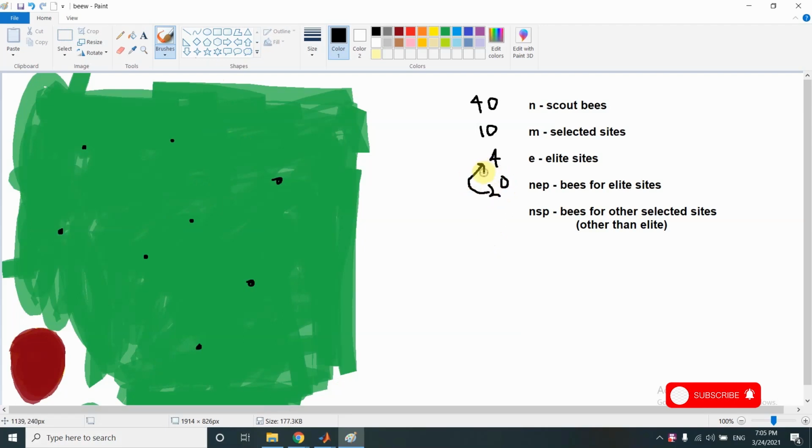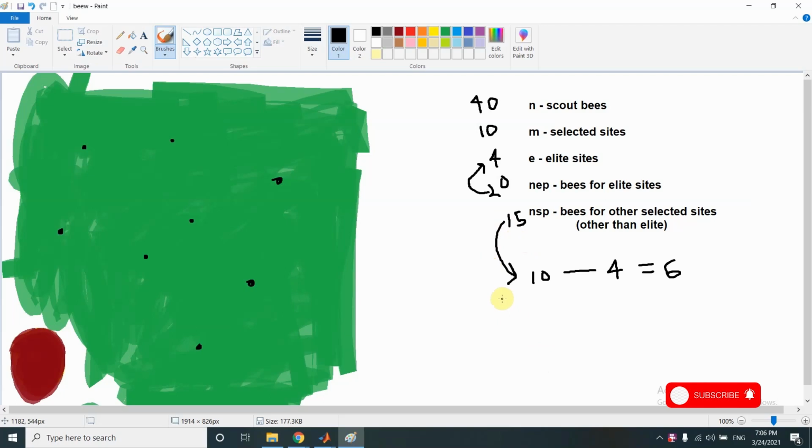There are 4 elite sites, so 20 bees are sent to those 4 locations, and some 15 bees are sent to the selected sites that are not elite. That is, they are sent to those 10 minus 4, that is, the remaining 6 best selected locations. And some other bees will be sent in random directions.